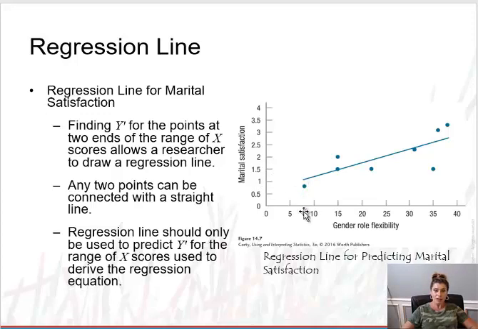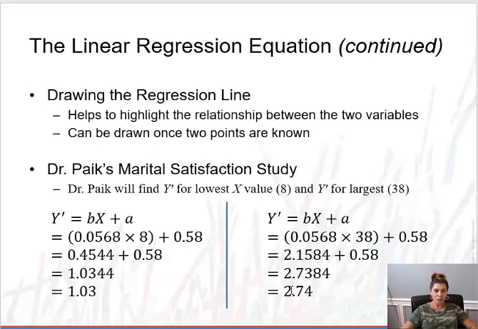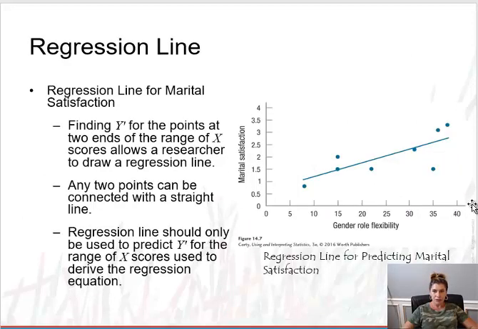That corresponds to a score of 8. And then we have 2.74 and 38. So high score of 38, and the predicted value is 2.74. So that would be your anchor there. So you have those two anchors, and from there, you create your line of best fit. That's as easy as it is.